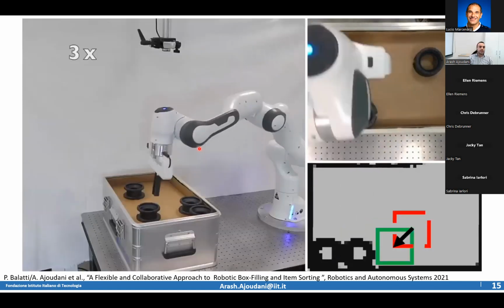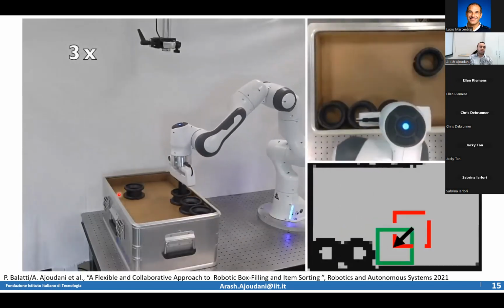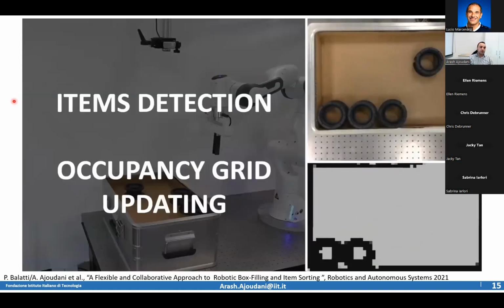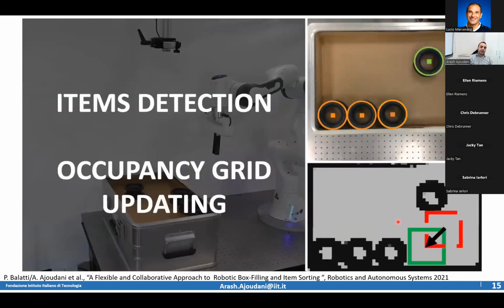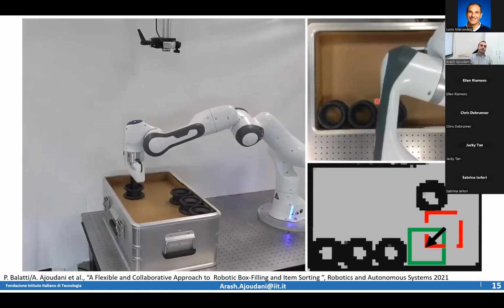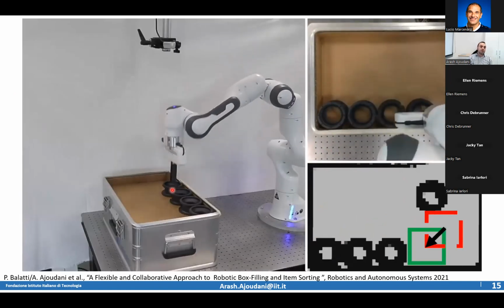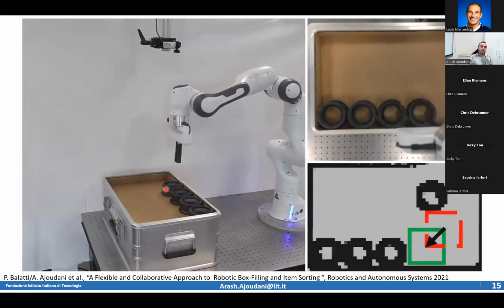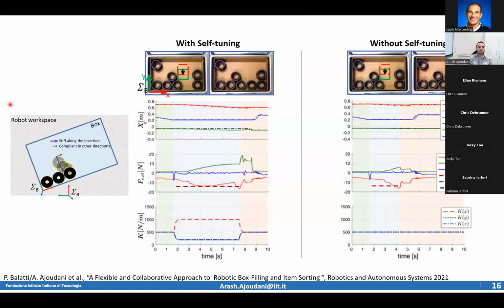And here again, the system will re-identify, and on the fly change everything and do the replanning of the system. So in this motion, the impedance of the robot is changing all the time to make sure that you have a really good behavior with respect to the constraints.